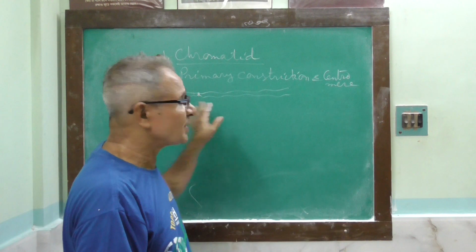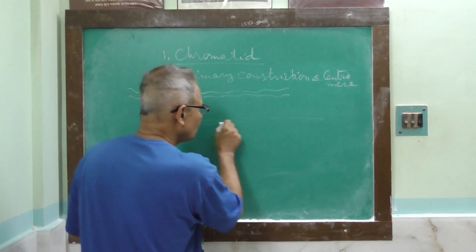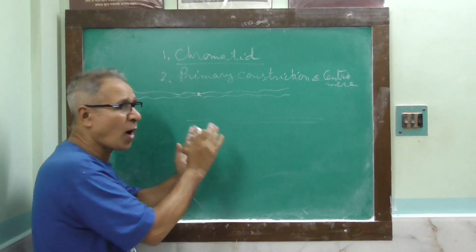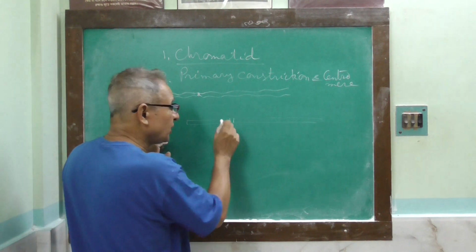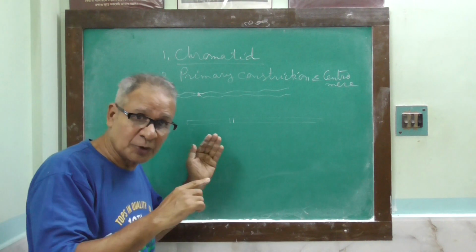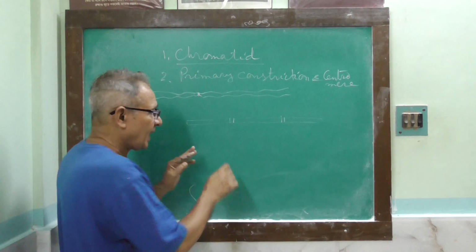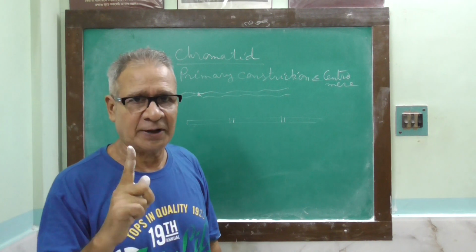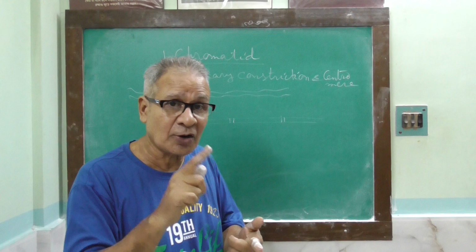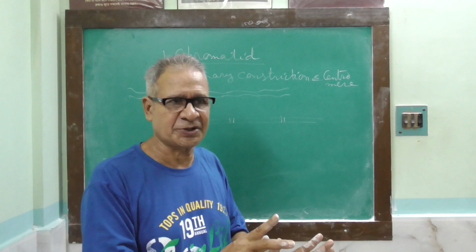If you stain the chromosome, along its length you observe one or more gaps. That is, staining is not developed in these regions and so they appear as gaps. These gap-like structures are regarded as constrictions, and the constriction where the centromere is located is known as the primary constriction.